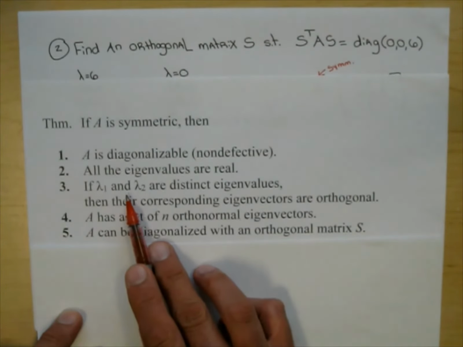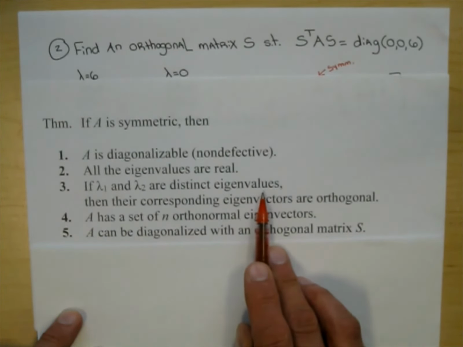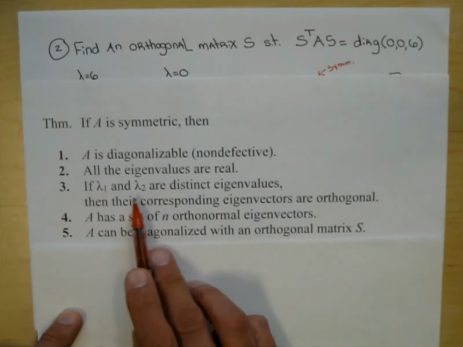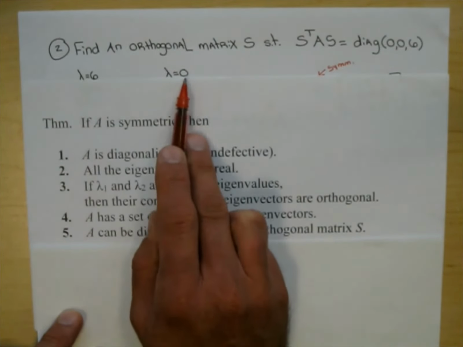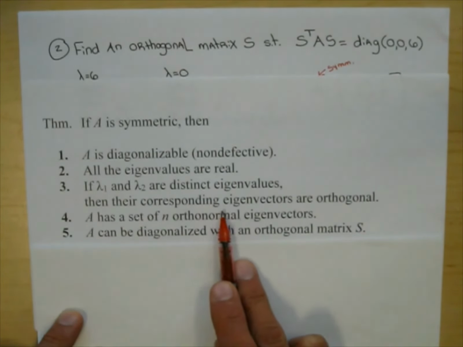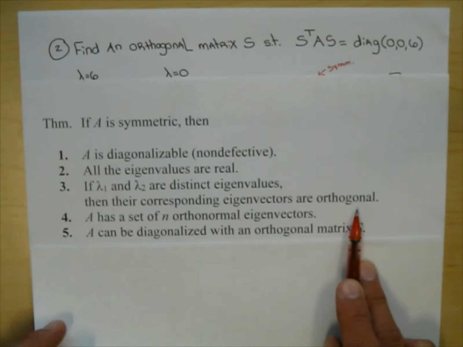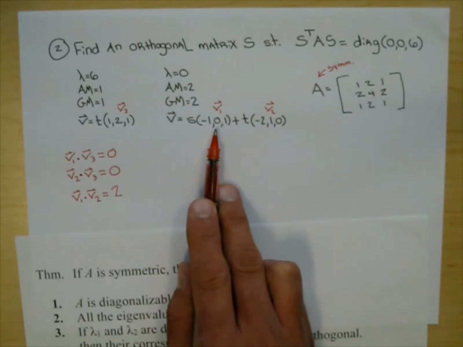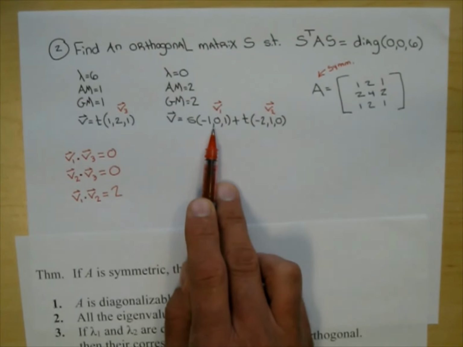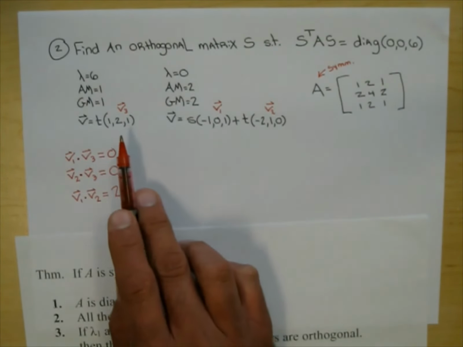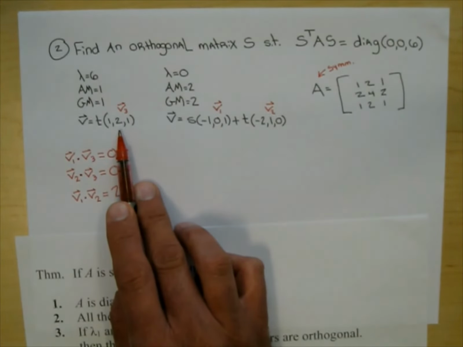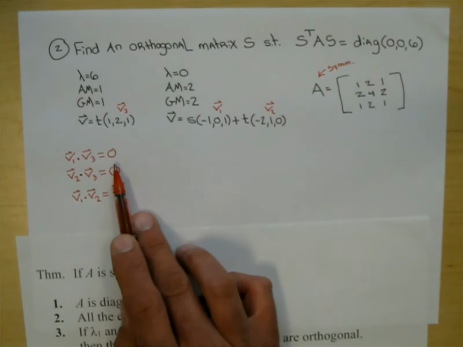If lambda 1 and lambda 2 are distinct eigenvalues, so there are 2 different eigenvalues, and we have 2 different ones in our example, then their corresponding eigenvectors are orthogonal, and that's what we found out. Any eigenvector from lambda equals 0 is orthogonal to any eigenvector from lambda equals 6. And that's why we got those zeros there.